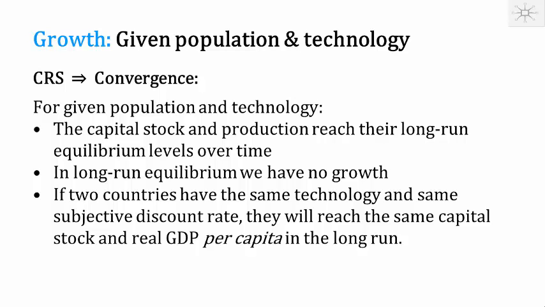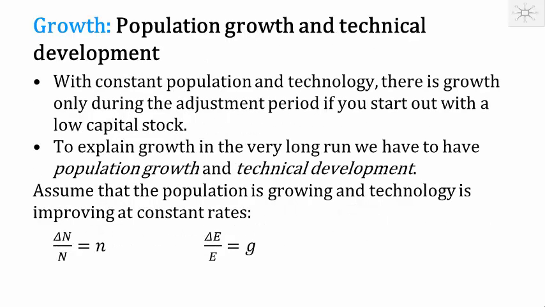For a given population and technology, the capital stock and production will reach long-run equilibrium levels over time. In this long-run equilibrium, we have no growth, and two countries, if they have the same technology and the same subjective discount rate, will reach the same capital stock and real GDP per capita in the long run.